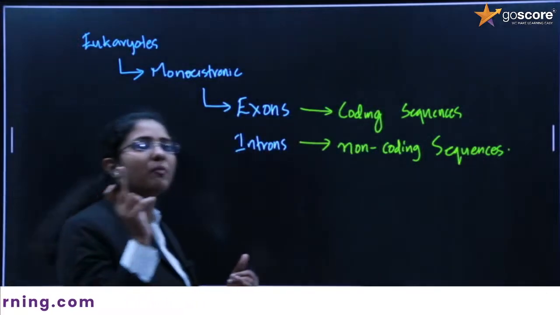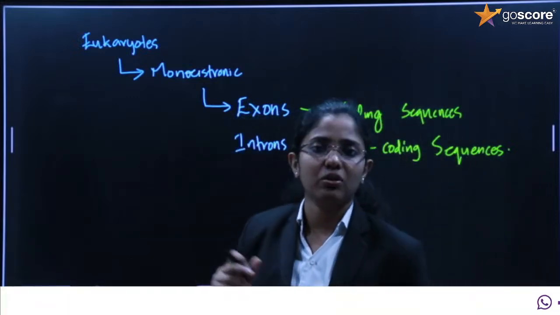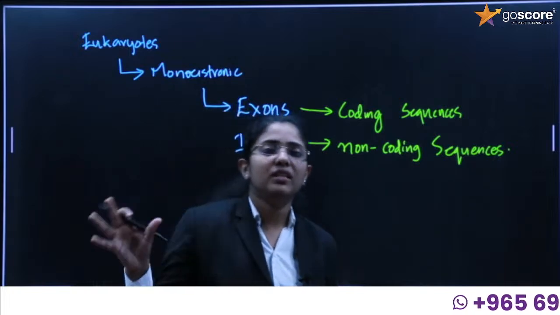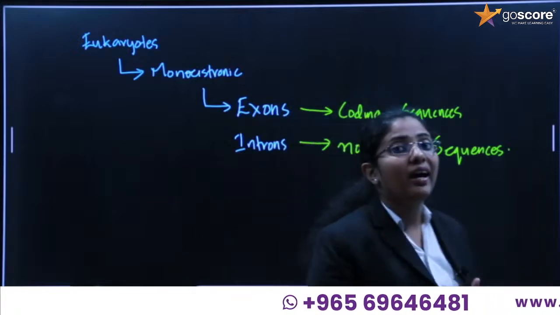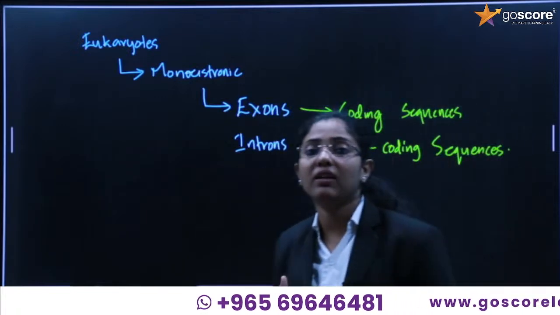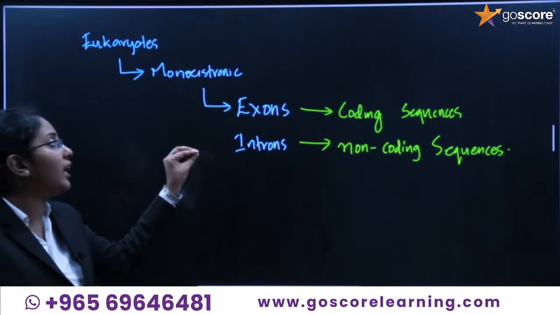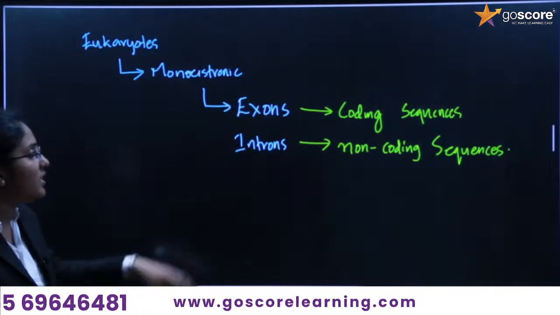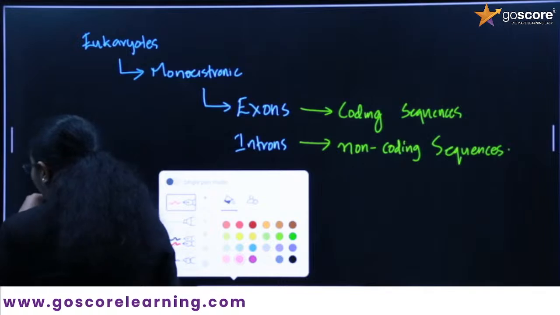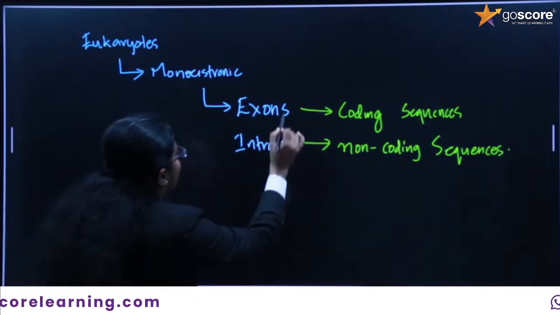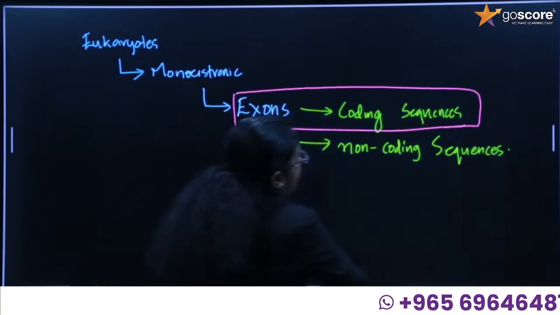Initiation takes place, then elongation, then termination. After this, heterogeneous RNA will be synthesized, and that RNA will contain these exons and introns. Since it is a mix of exons and introns, and for translation we just need exons.